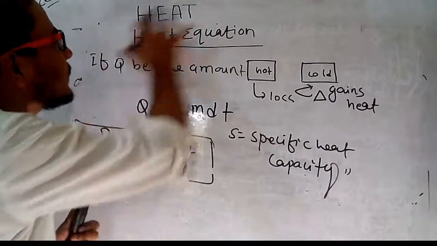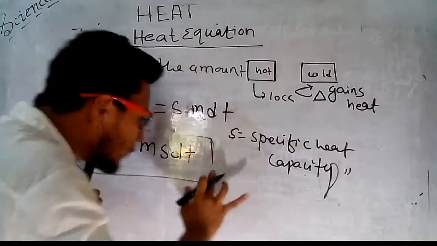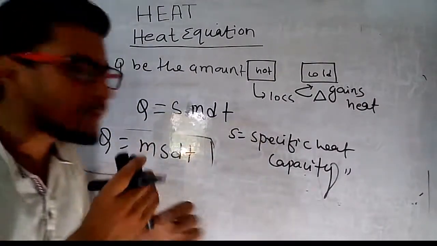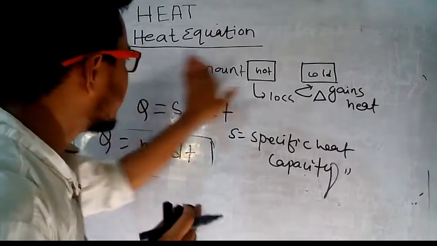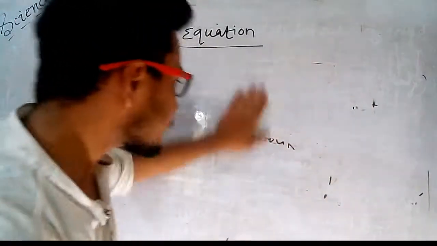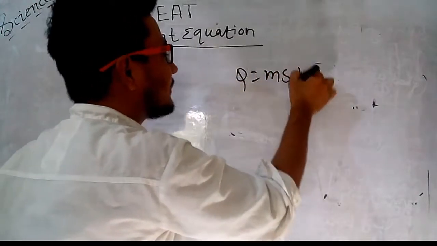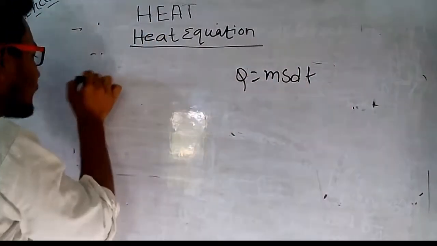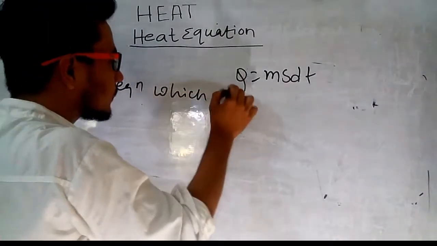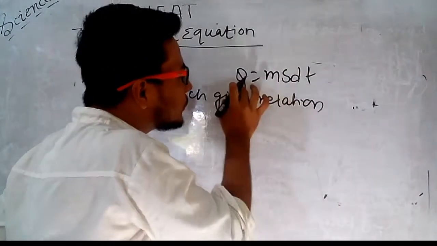Now what is the definition of the heat equation? The equation which gives the relation between, listen here, our formula Q equals m s dT. What is this Q?